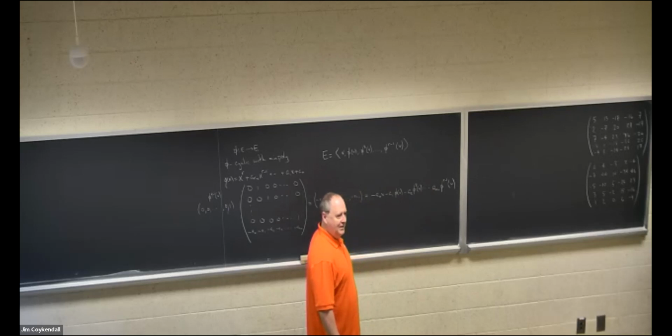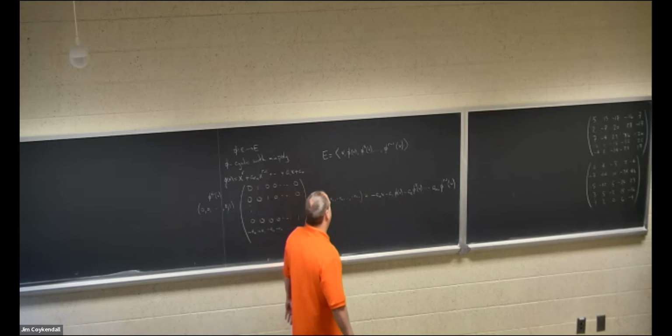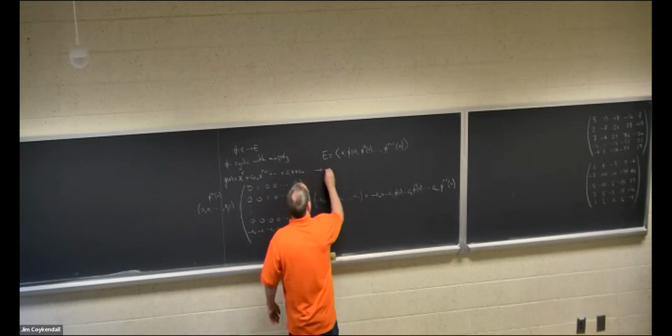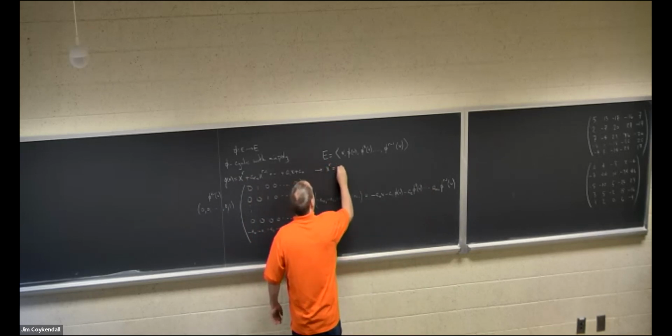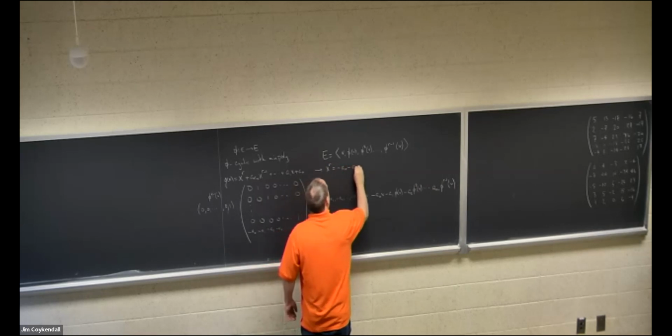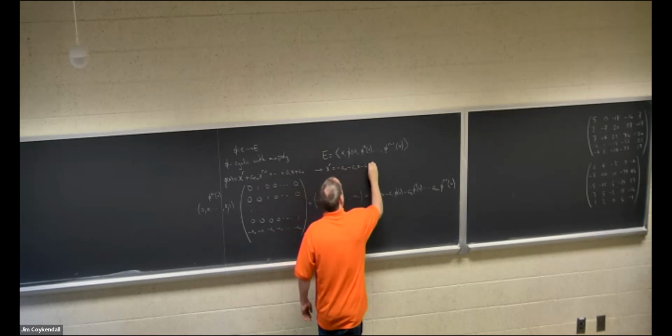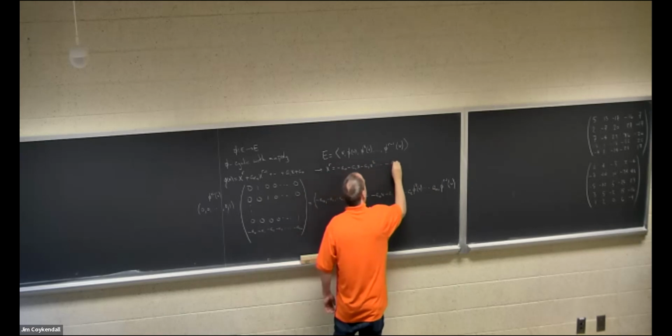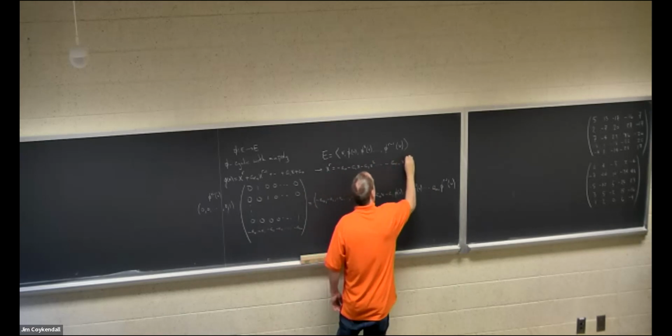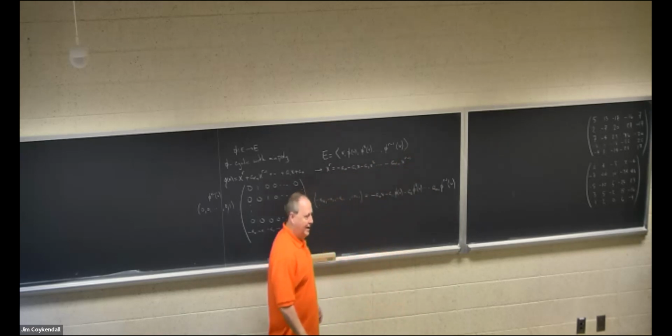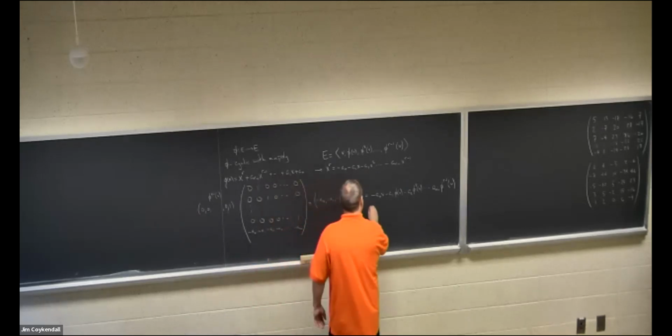Anybody see what this is? Notice that this polynomial is x to the r minus A0 minus A1 x minus A2 x squared minus ... minus A_{r-1}. Correct? That's right. This is what it's supposed to be.